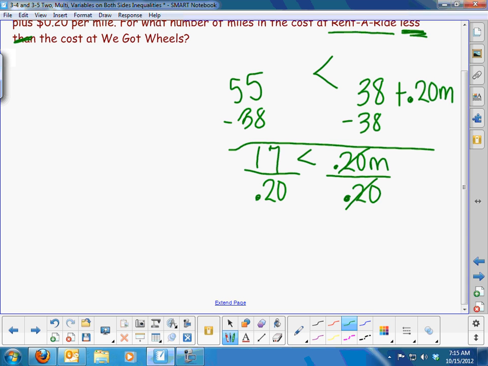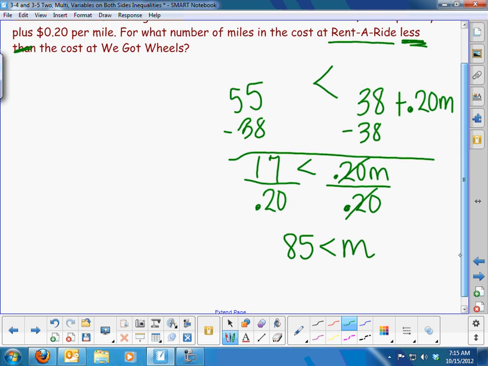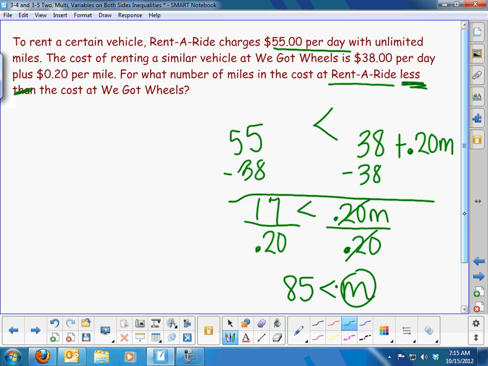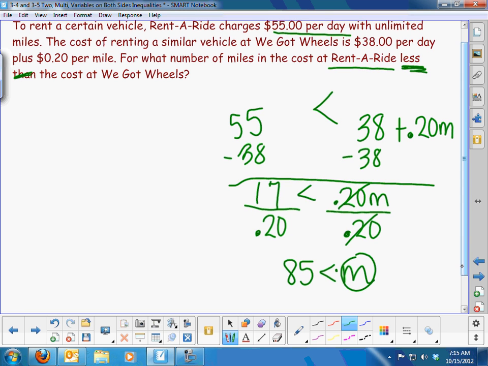So whenever I divide this out, 17 divided by 0.20, I get 85 is less than m. What that's saying is if you go any miles greater than 85, it's going to be cheaper to go with Rent a Ride. If you do anything less than 85 miles, though, you would want to stick with We Got Wheels. So we would say 85 miles.